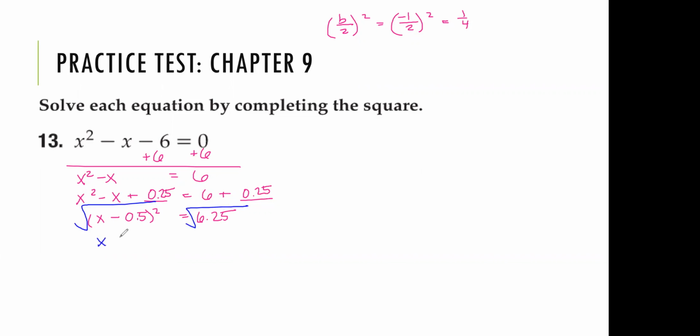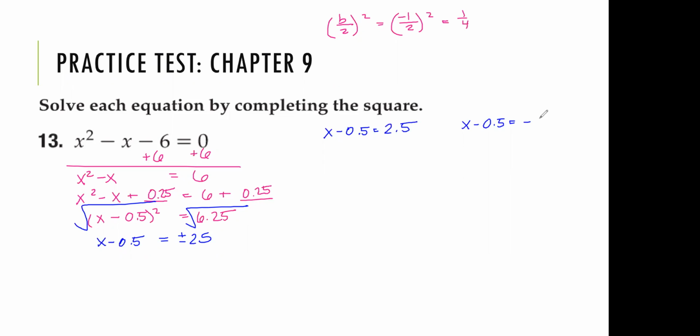So I get x minus 5/10 is equal to plus or minus the square root of 6 and 25/100, which, if you do that in a calculator, is 2.5.